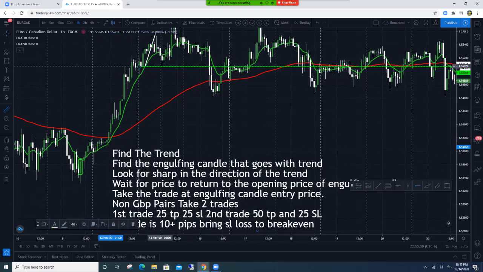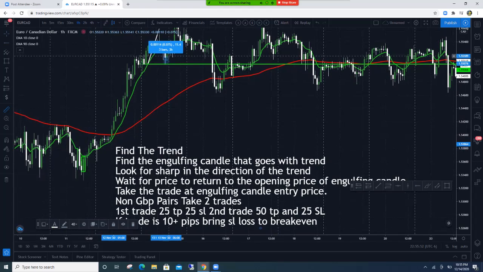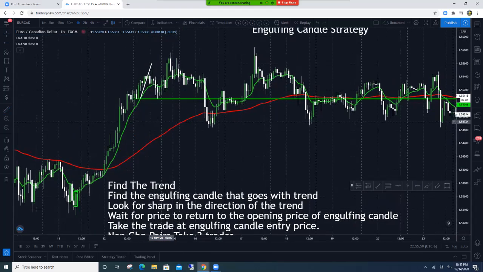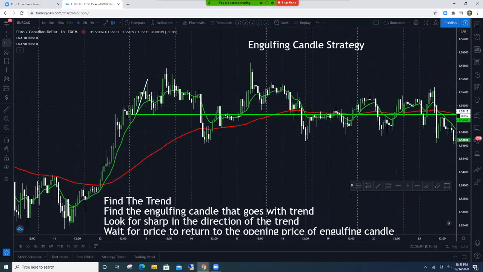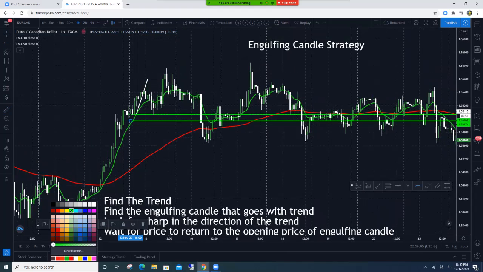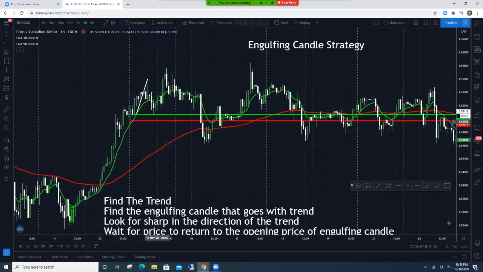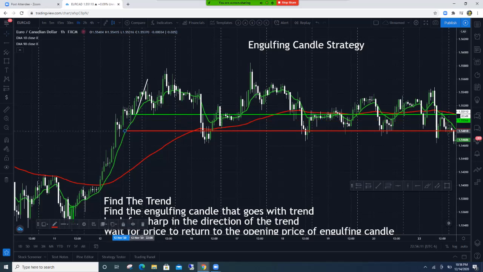If I measure this out, 10 pips is about that. It went up 70 pips. So as soon as it went 10 pips in profit, I bring my stop loss, I'm going to let this red line represent my stop loss. If I had a 25 pip stop loss here, I'm going to bring it to break even.